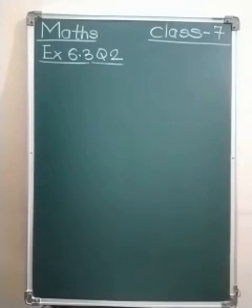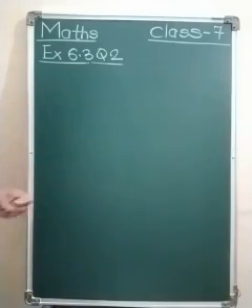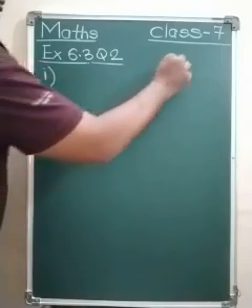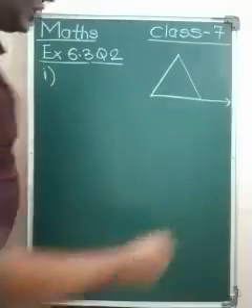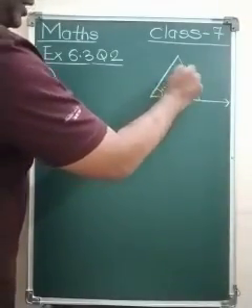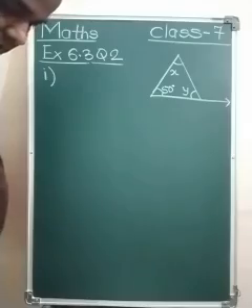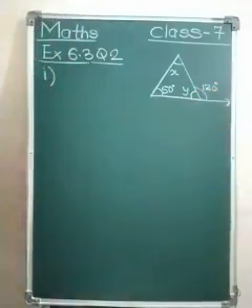It's very easy. You just have to find out the unknown value of x and y. First sum. So here is the question figure. Here is 50 degree. Here is x, here is y, and here is 120 degree.